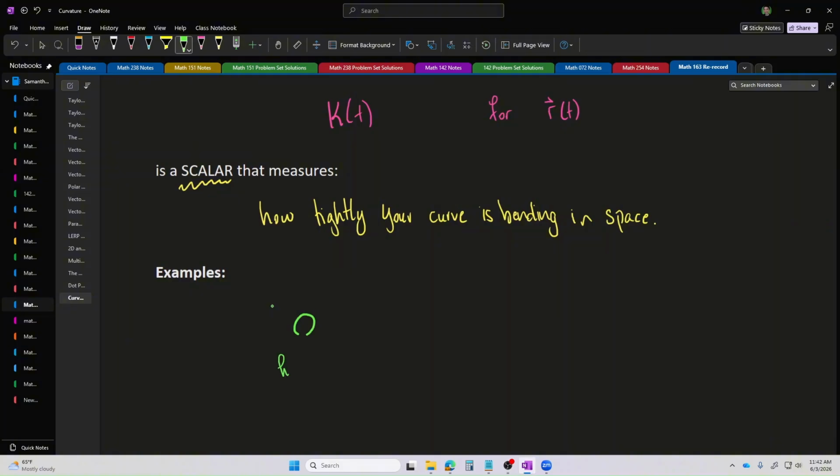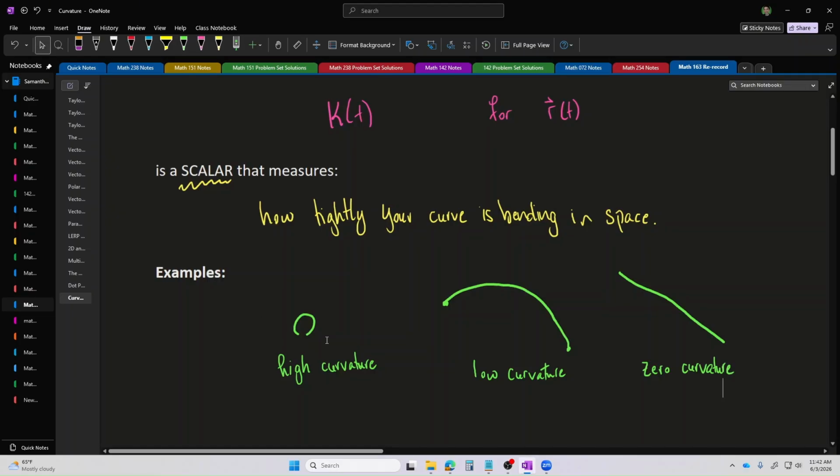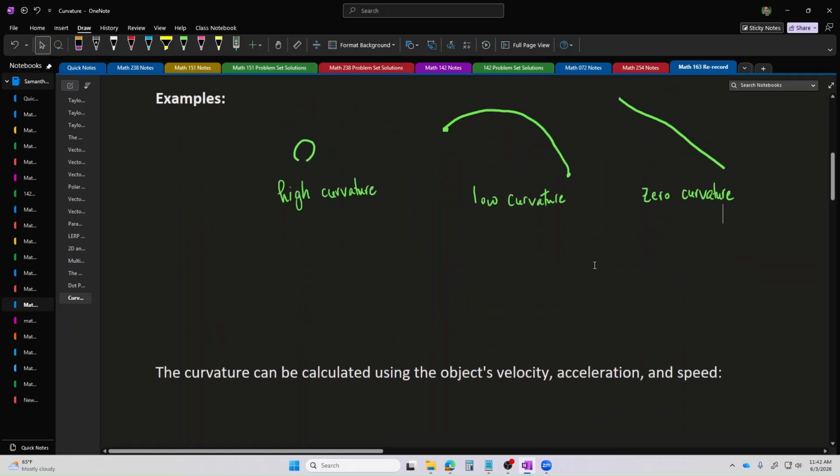This curve would correspond to a very large curvature and a high value of kappa. If your curve is bending more gently through space, this would correspond to a relatively low curvature. And if you're dealing with a straight line or a straight line segment, it is not bending at all, so this would have a curvature of 0. So curvature is a measure of how tightly your curve is bending in space.